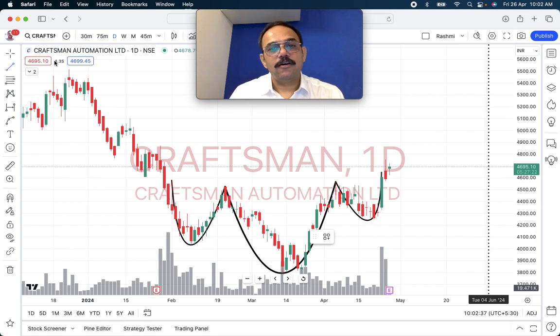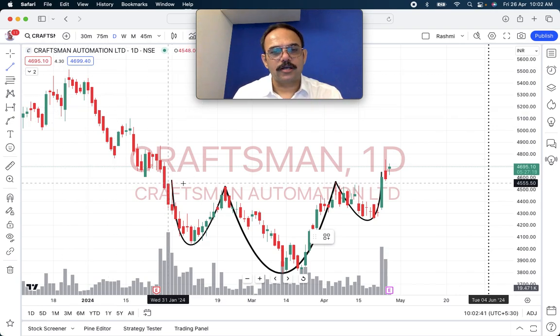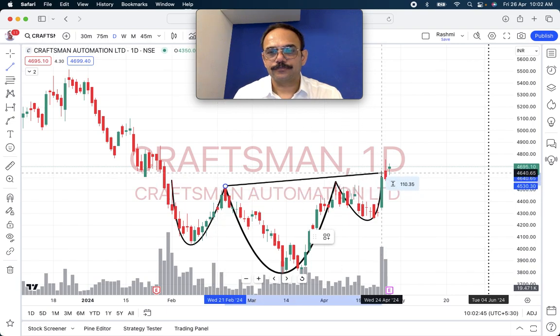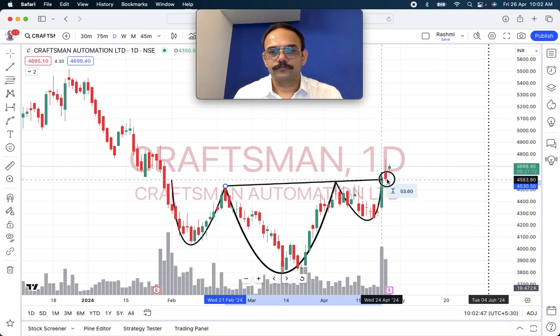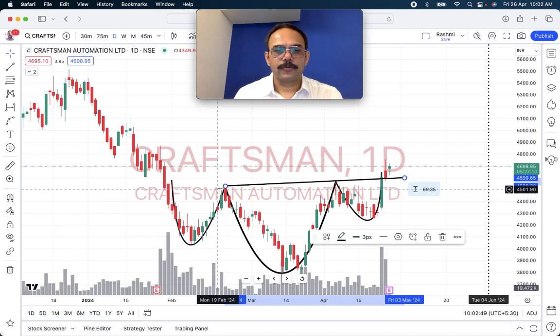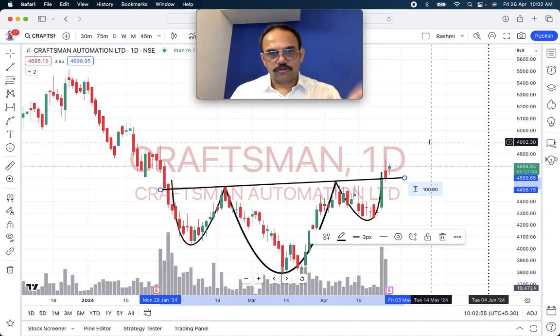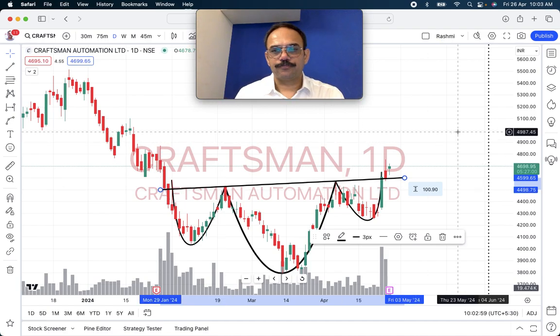Then we have to see the volume profile that I will show you in a short while. Let's first draw the neckline. So this is the neckline we have drawn. This is called the neckline, which joins the head and shoulder.